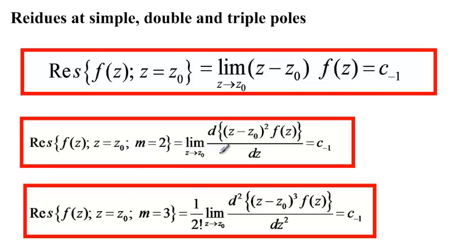Now, if it's a double pole, this is what we've just done. We need to multiply f of z by z minus z0 squared, and then differentiate and follow that by calculating the limit to compute our residues.